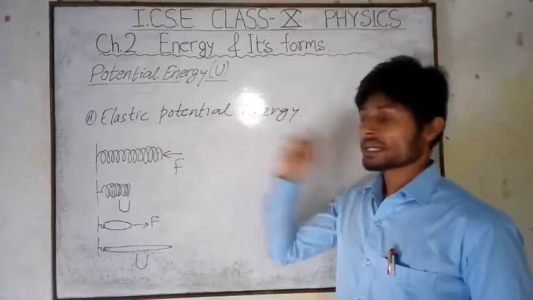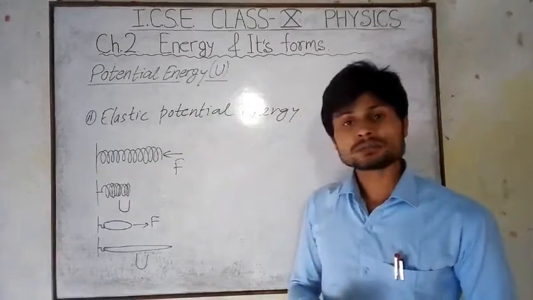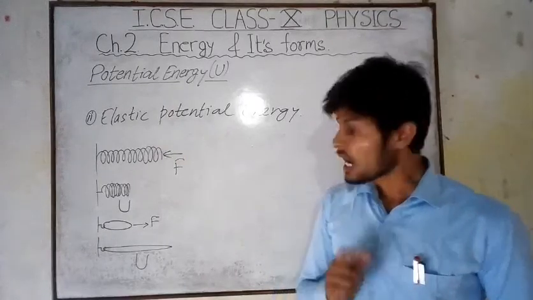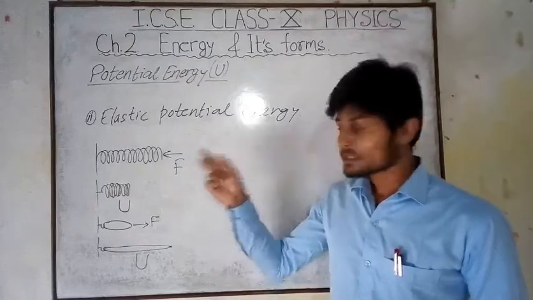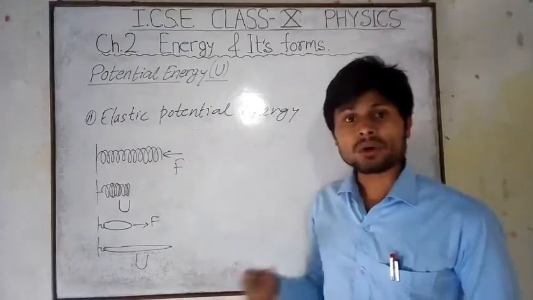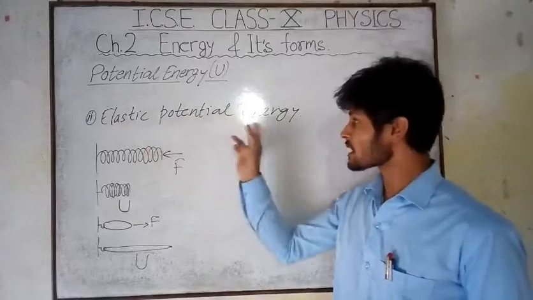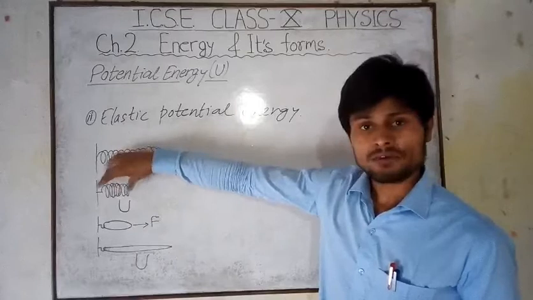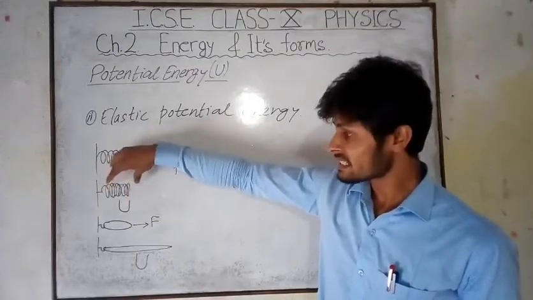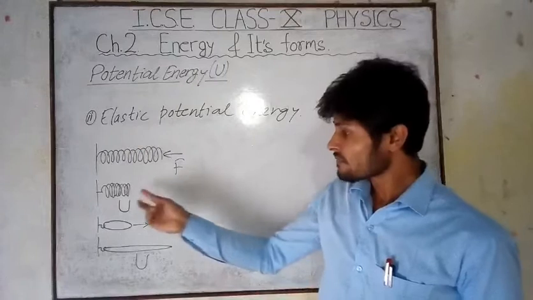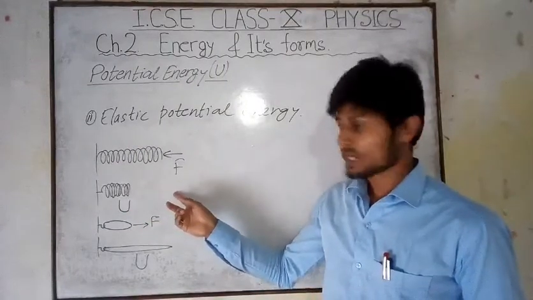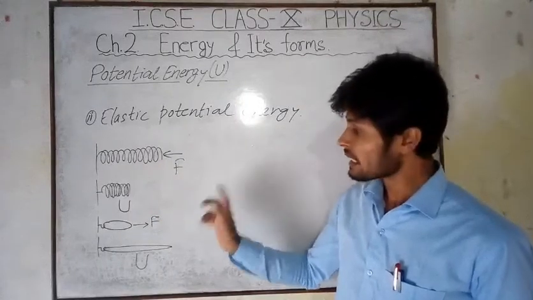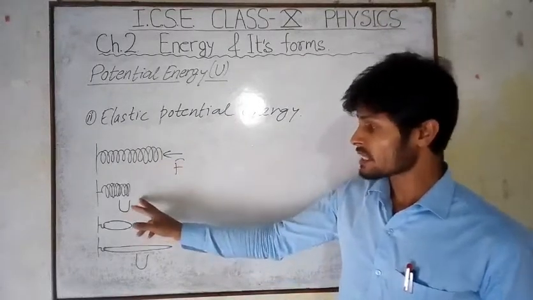This elastic potential energy is the energy possessed by an object due to its change in shape or change in size. The objects can hold this elastic potential energy as long as they maintain their deformed state. When they start to regain their original shape, their elastic potential energy starts to decrease.